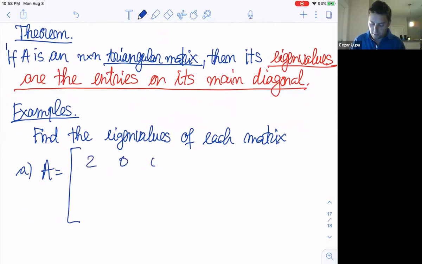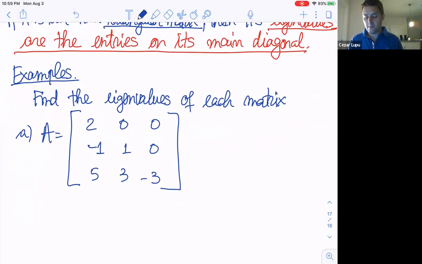Let's say 2, 0, 0, negative 1, 1, 0, and now 5, 3, negative 3. For this matrix, if you identify the main diagonal here, look at it. These are the eigenvalues.